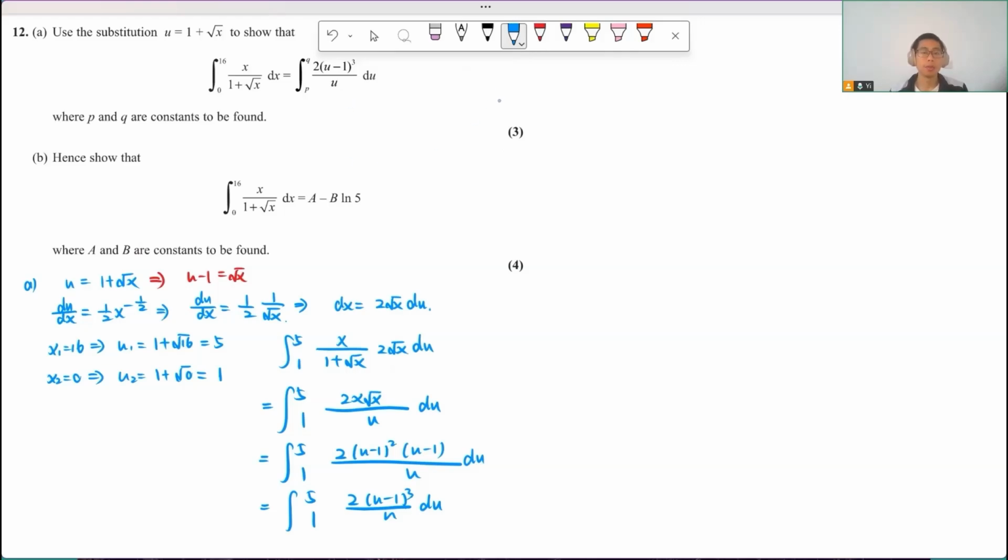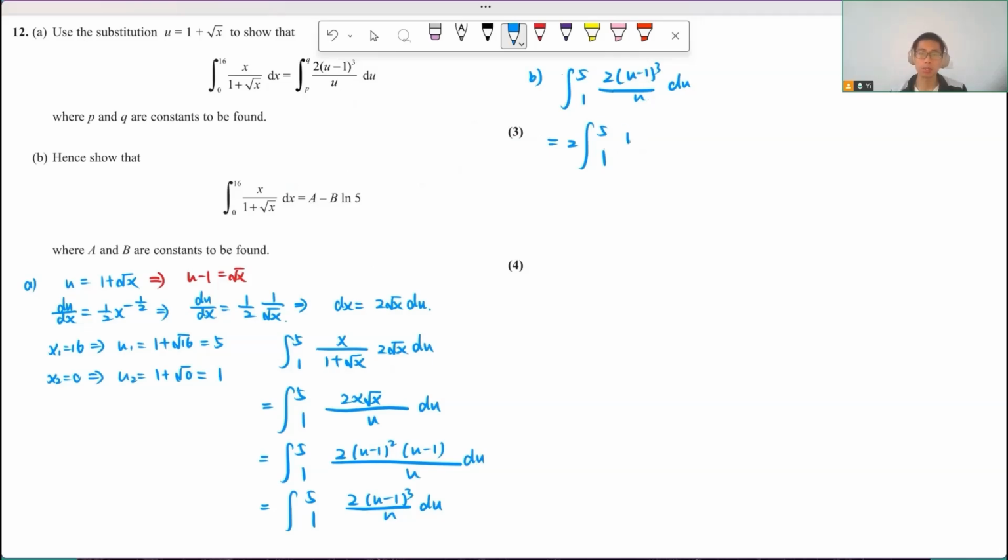Okay, now we need to do part B. So part B, they just want us to finish that and leave the answer in the same form as they want. So we have integral from 1 to 5 of 2 times u minus 1 cubed over u du. So I will just take 2 outside first. So u minus 1 cubed is just binomial expansion.